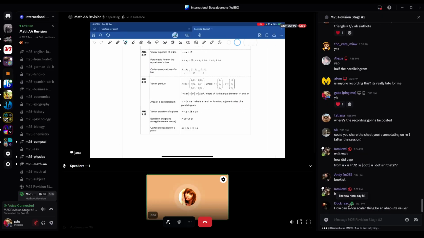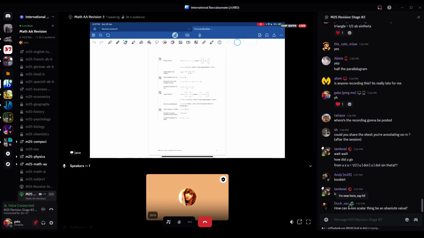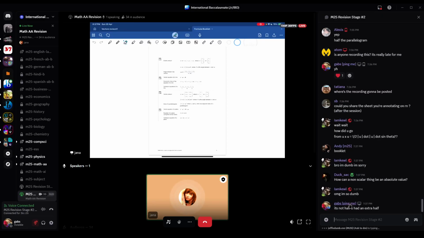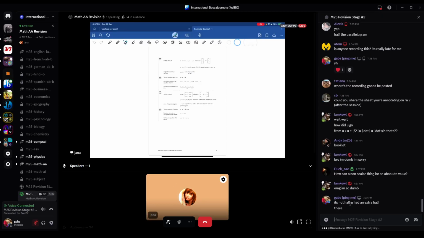It's in the formula booklet, guys. It's okay. How can a non-scalar thing be an absolute value? Because you're finding... Oh, oops, my fault. Oh yeah, no, it's not half. I put the extra half there when I was saying that it's the area of a triangle.